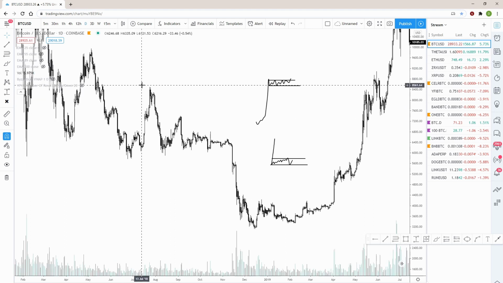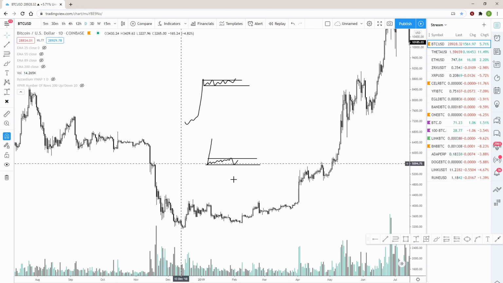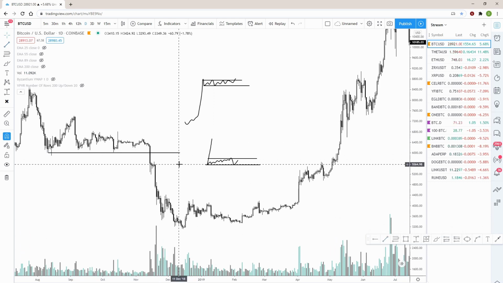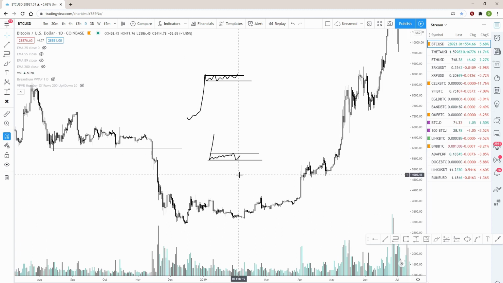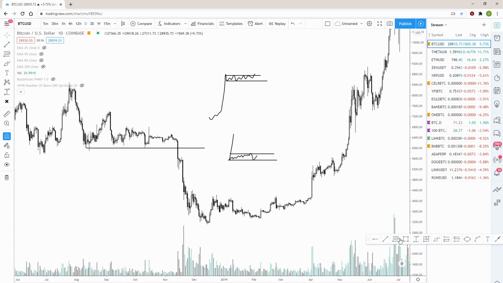Here's Bitcoin USD at the end of 2018 when the 6K floor fell out. Obviously, price had a massive move down from 6K to 3K, and this is when the range was established. So generally speaking, how do you chart the range?